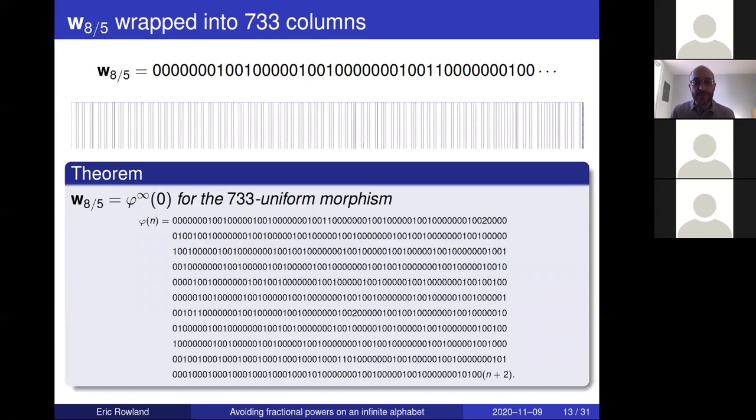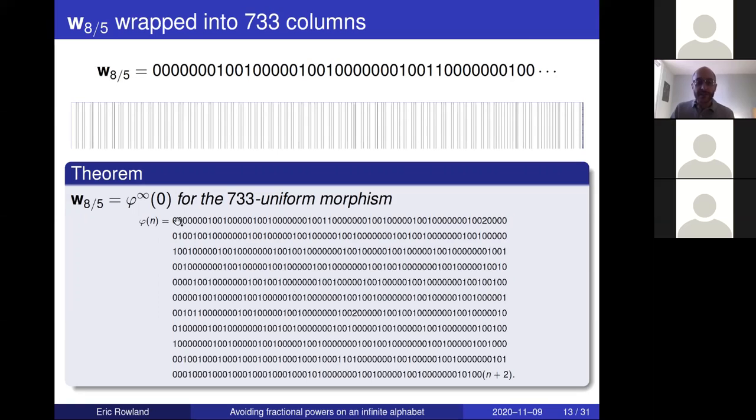It turns out that 733 is the right number. Again, this is really small, but the very last column over here, that's where the interesting stuff is happening. All of these other 732 columns seem to be periodic. And in fact, this word is generated by a 733 uniform morphism, which is complicated.